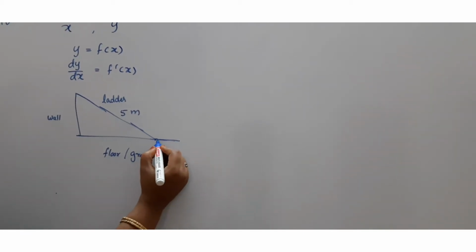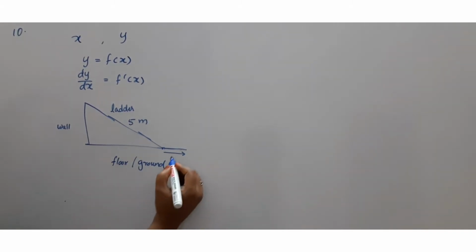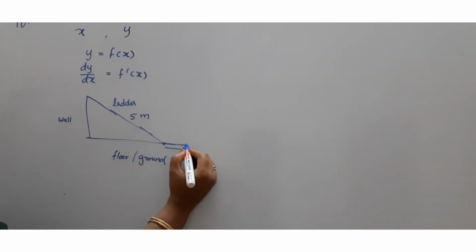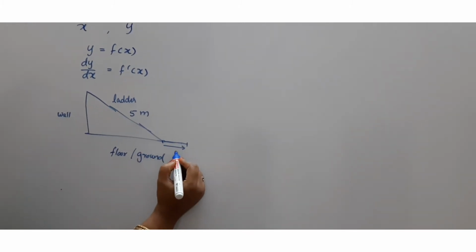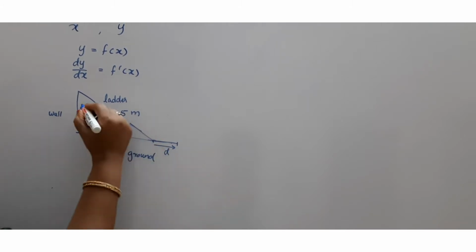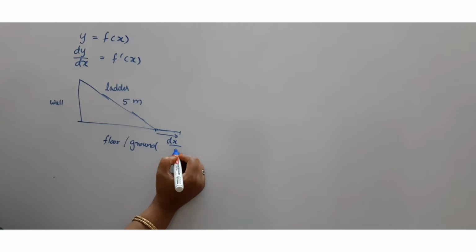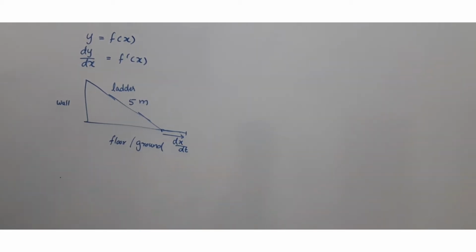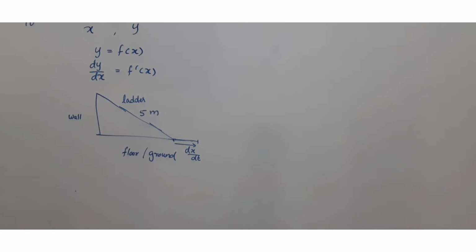This ladder is pulled away from the wall. They have not mentioned the distance of this one. They are saying how fast this is changing. When we pull along this ladder, what is the change of this one? Change with respect to time, dx by dt.